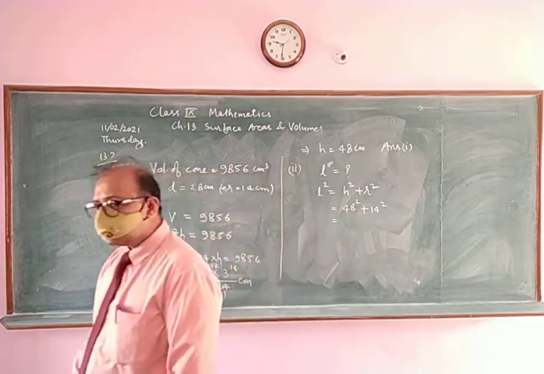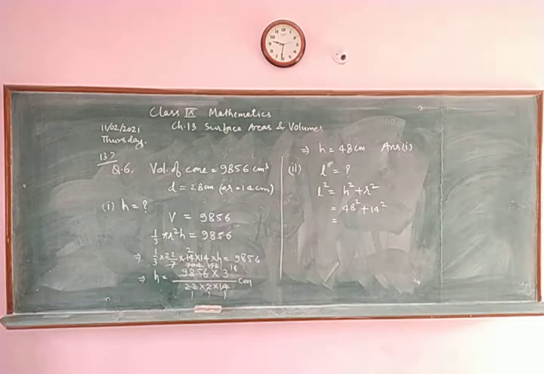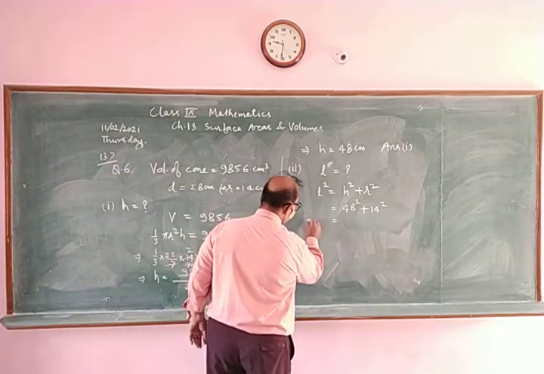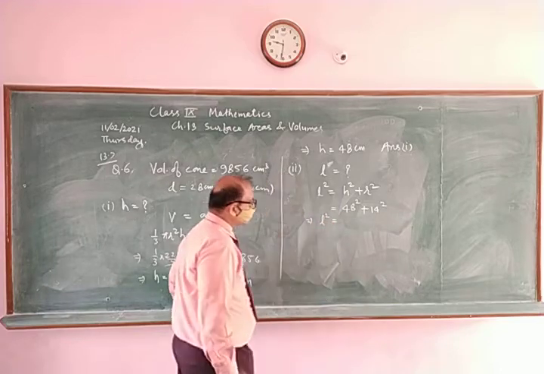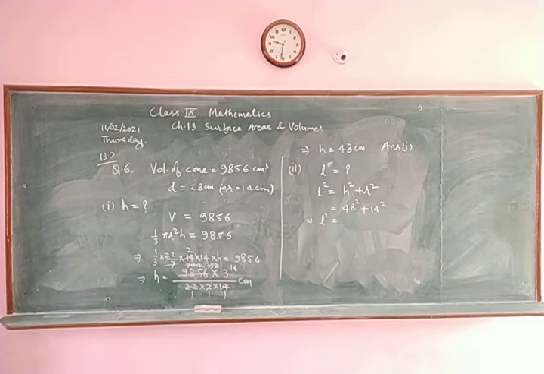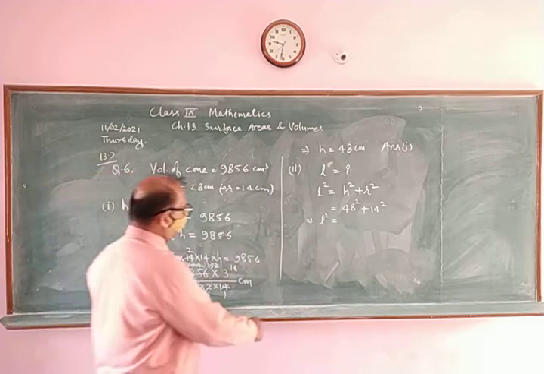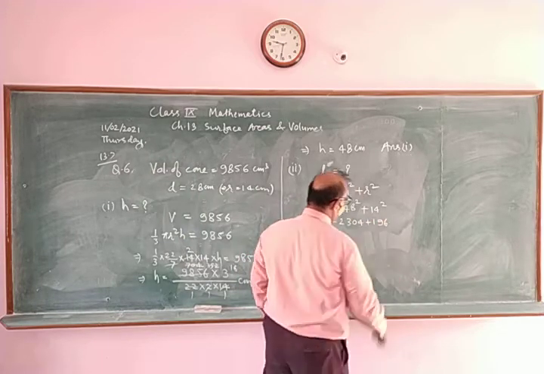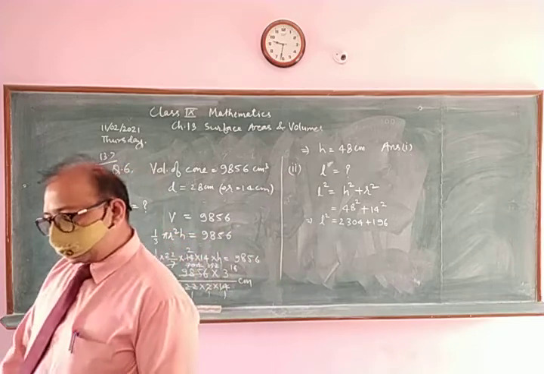48 into 48. Multiply. The 2304 plus 196. 14 square is equal to 196.